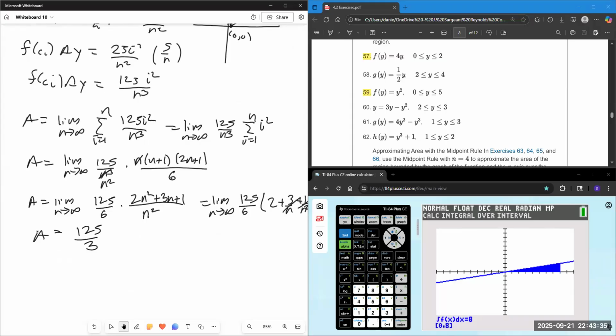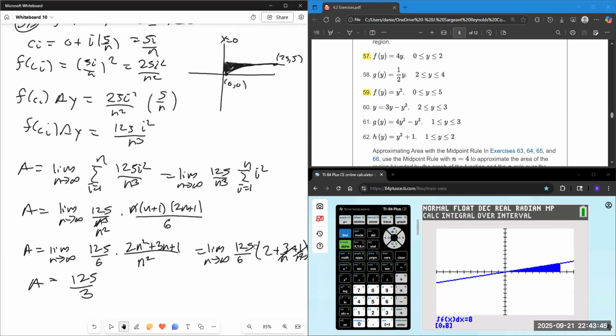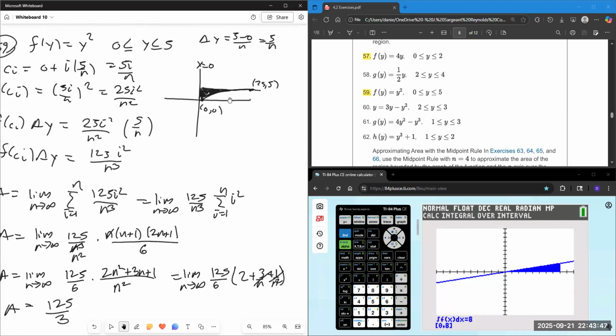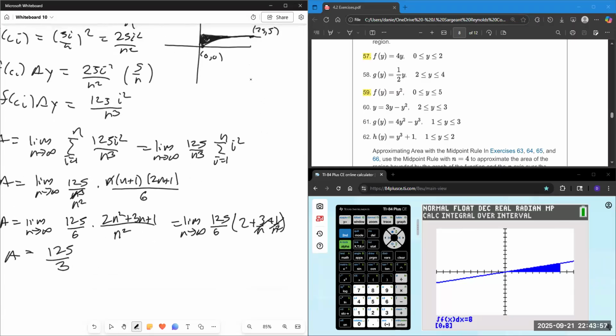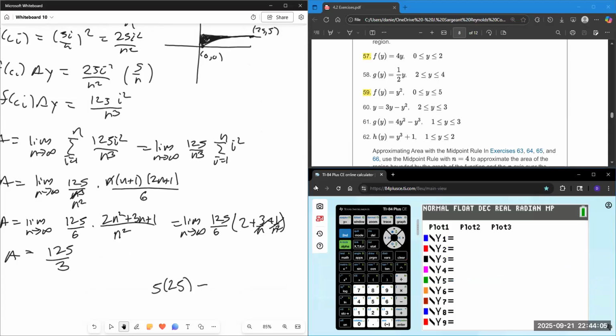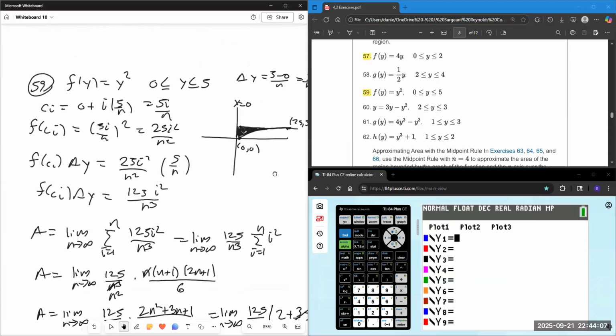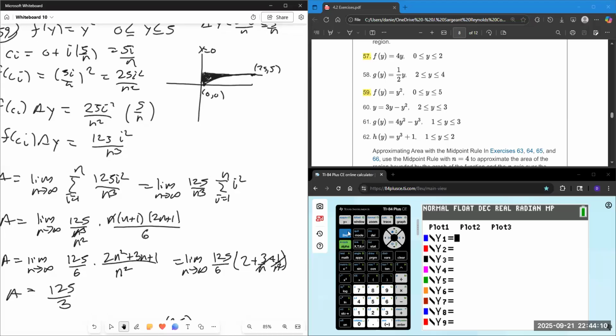If I wanted to find that with the calculator, I'd have to do a little bit of work here to say what is this entire area. See, it's 5 high and 25 wide. That's 5 times 25 minus, and then let's get this formula here of y equals the square root of x.